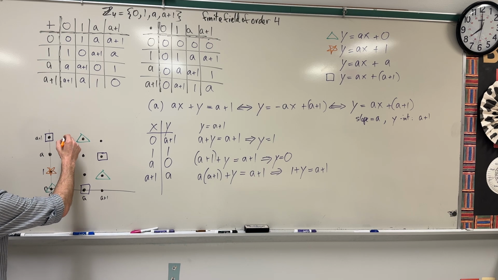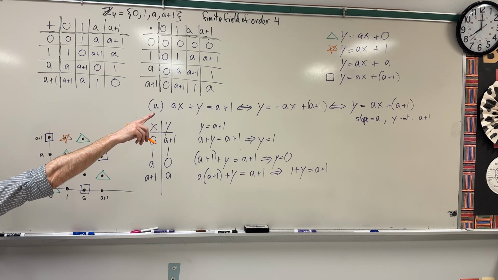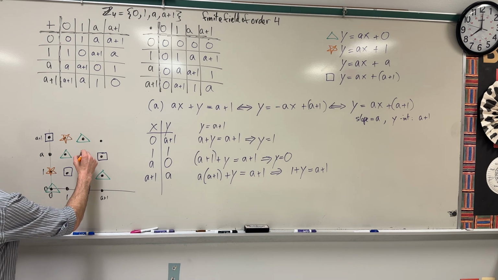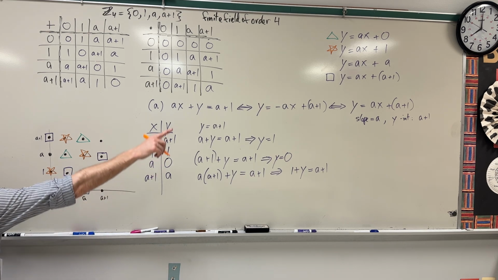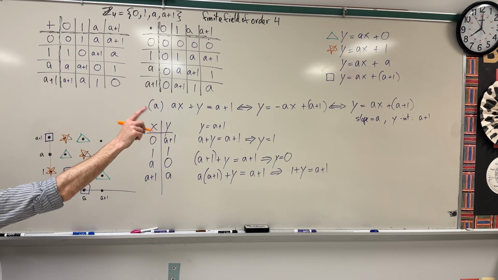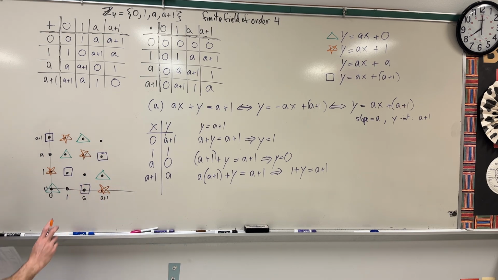So 1 comma a plus 1. Looking great. Then if I plug in a for x, I get y equals a squared plus 1. But a squared is just a plus 1, and a plus 1 is just a. So I get a comma a. And if I plug in a plus 1 for x, I get a times a plus 1, which is 1, plus 1, which is 0. So I get a plus 1 comma 0.